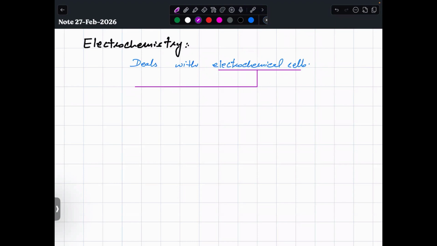Number one, simple cell. Number two is electrolytic cell.